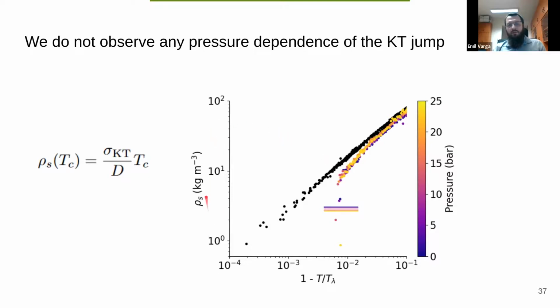This plot shows the superfluid density as a function of reduced temperature, where T lambda is the pressure-dependent bulk transition temperature, and we see a perfect collapse, even though the change in the Kosterlitz jump due to the pressure that we induced should be about this much, as this range of lines here shows, which is on the edge of our resolution, but it's still invisible in our data. And the reason for this is currently not understood.